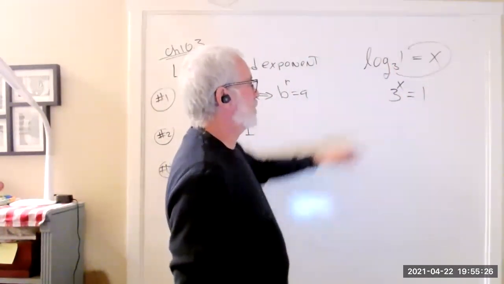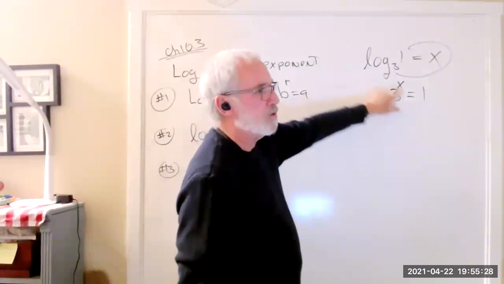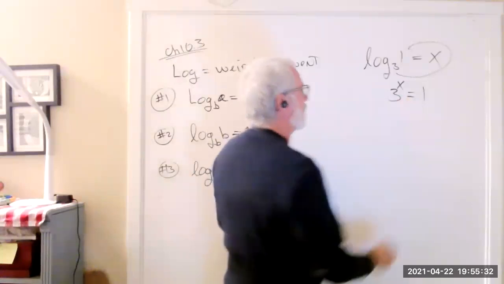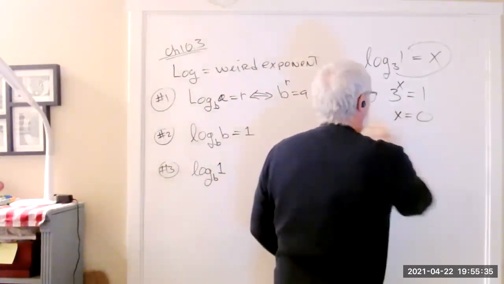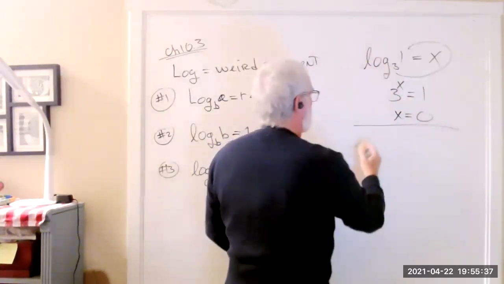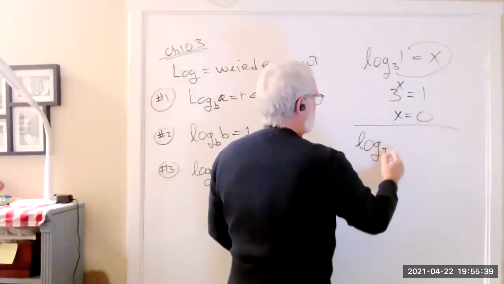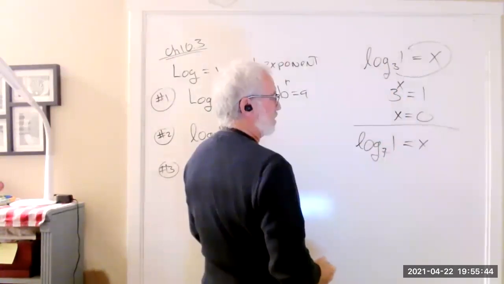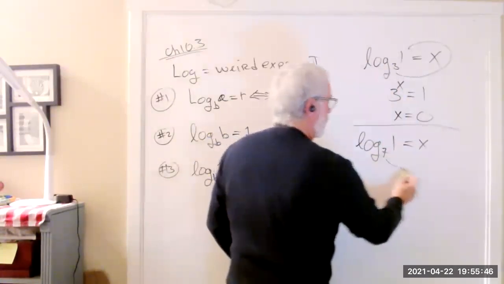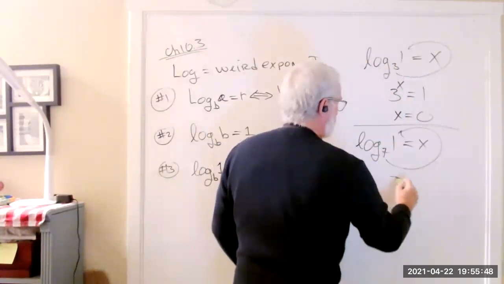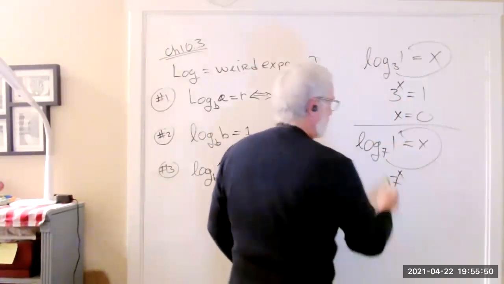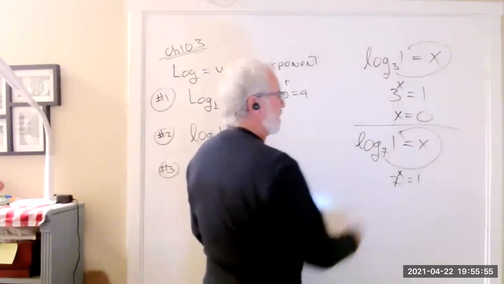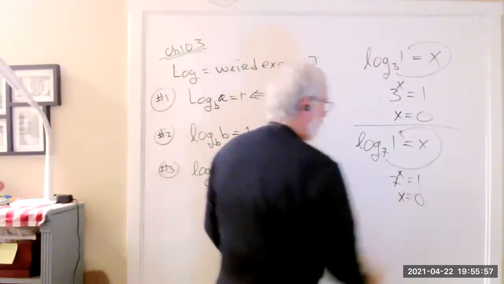Well, what's the only thing x can be to make that a true statement? 0. X has to be 0. All right, let's try it again. Maybe that was a fluke. Log base 7 of 1 equals x. So you apply the bra-bar rule. 7 to the x equals 1. Again, x has to be worth 0.